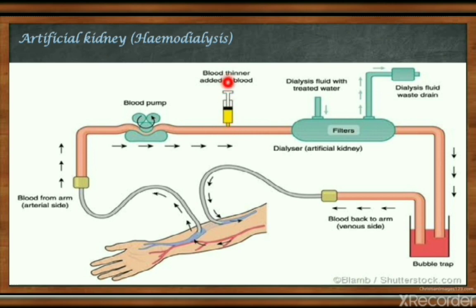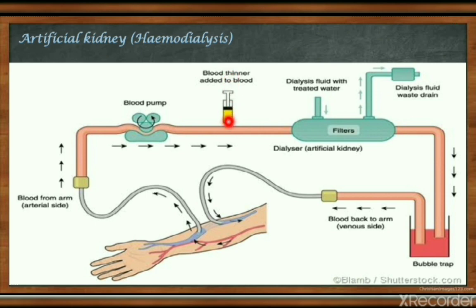Here you see that blood thinner is added to the blood. Blood thinner means an anticoagulant protein will be added, because the blood that comes inside this tube, when it contacts any gases, should not coagulate or clot inside this tube.